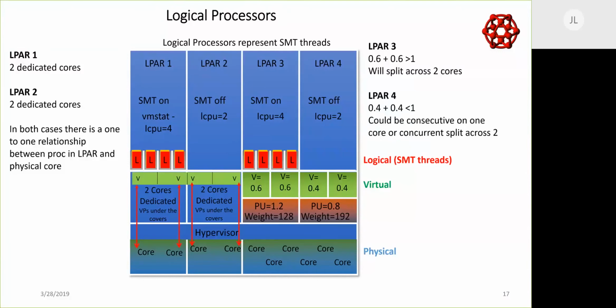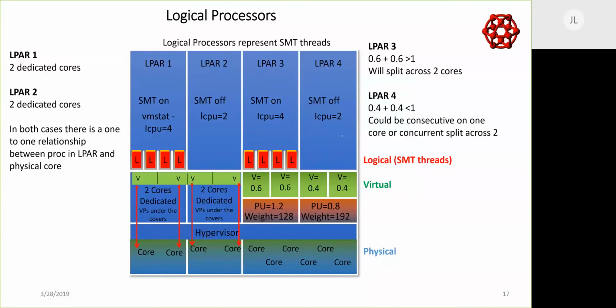Now the way those virtual processors get dispatched is at the time that the LPAR is running, the virtual processor will get dispatched to one of the cores in the shared processor pool. The system always tries to dispatch it to the same core, but there's no guarantee that it can do that. The other thing that you'll notice about this is, in this example here, the processor units add up to 1.2, which is greater than 1. So each of these virtual processors will get dispatched to a different core.